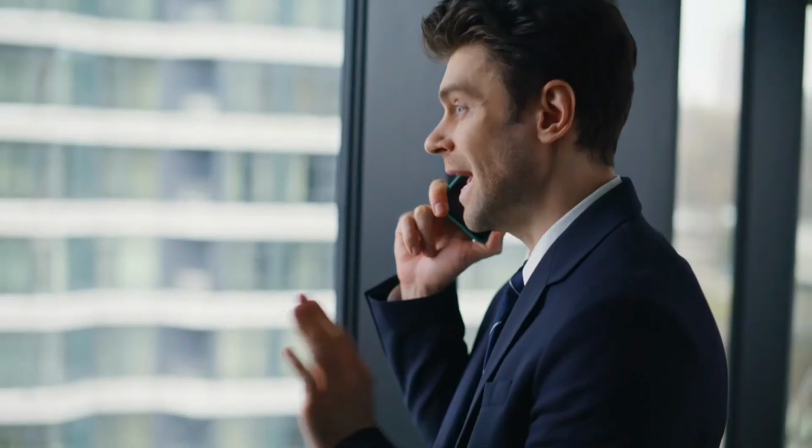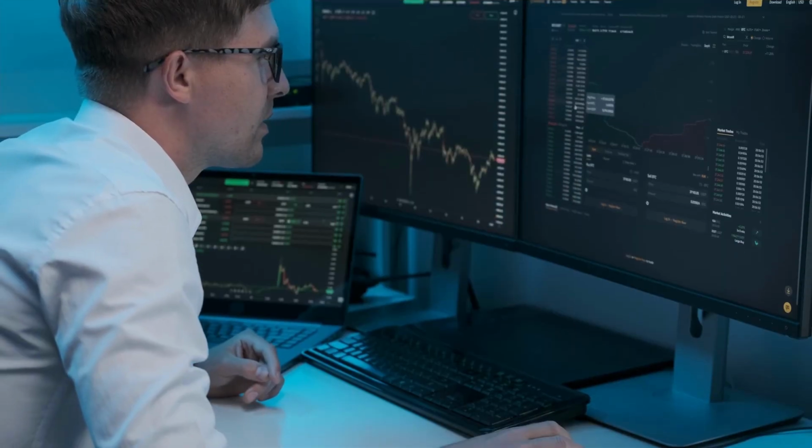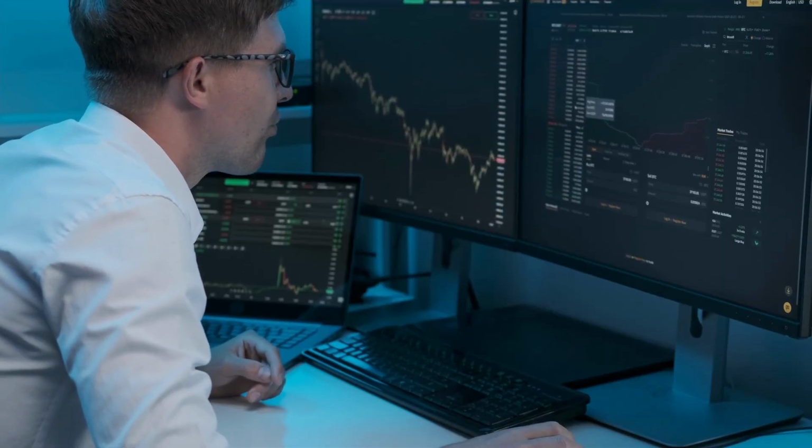Remember, successful funds focus as much on investor communication as they do on trading. Once capital starts coming in, the focus shifts to risk management and transparency for professionally managed funds. Professional Forex funds implement strict rules such as maximum daily drawdown limits, position sizing controls, portfolio diversification across currency pairs, and liquidity management.